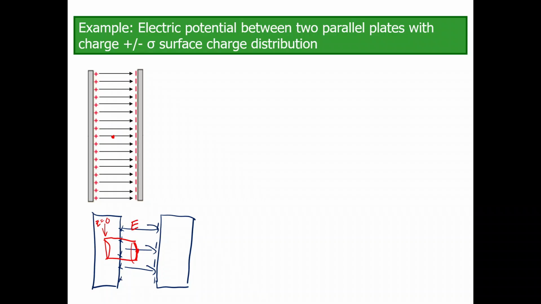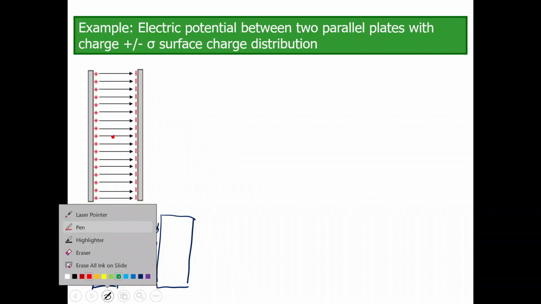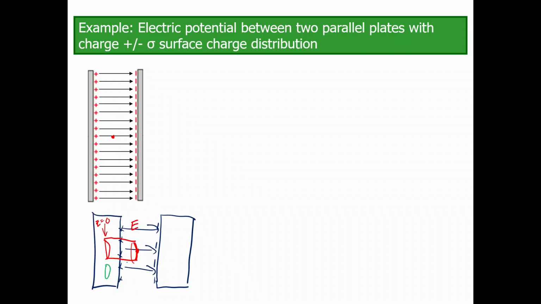Now, I have a second plate, and I'm actually completely ignoring it. And you might be wondering, how can I solve this problem without having a second plate there? Well, the reason we can do that is because if I was to draw a Gaussian cylinder that included both plates, my enclosed charge would be equal and opposite.